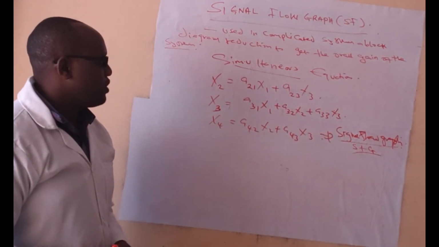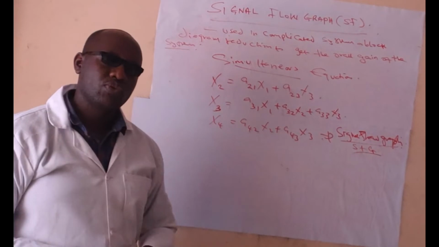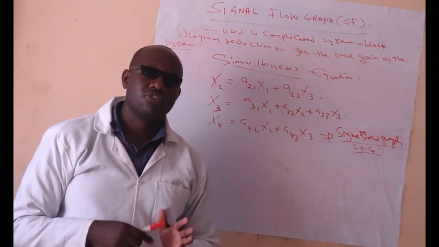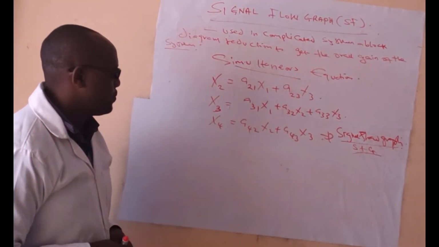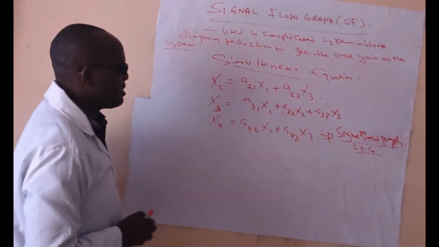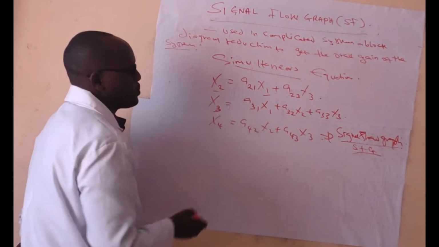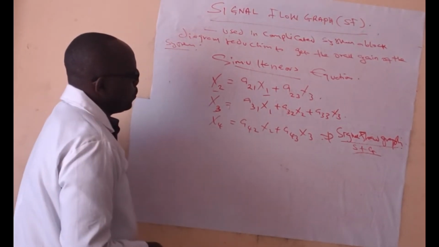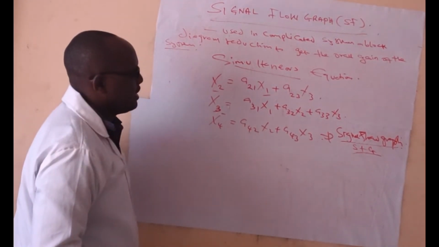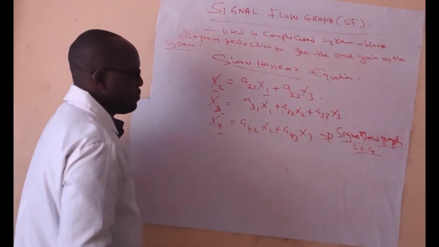The procedure is we are supposed to determine the number of nodes. From the first equation we are seeing x1, and then there is x2, there is also x3, there is also x4.